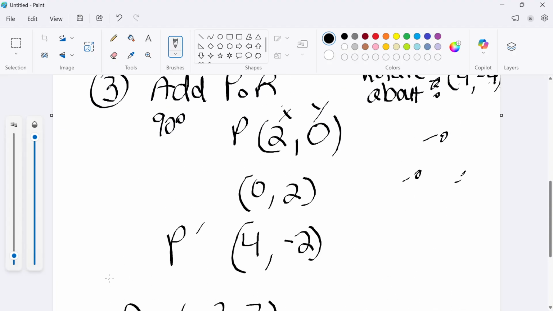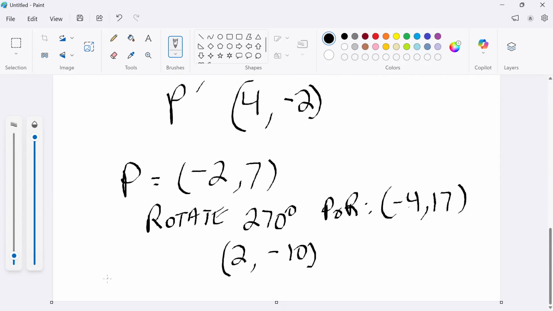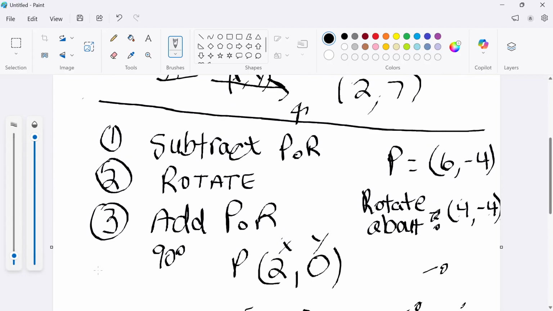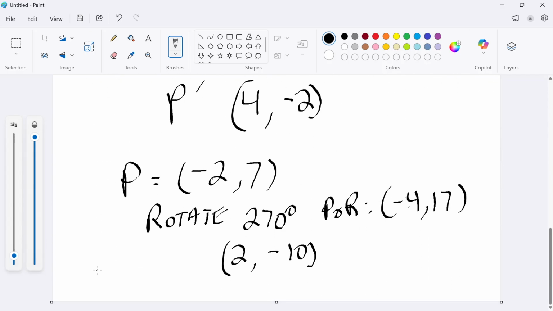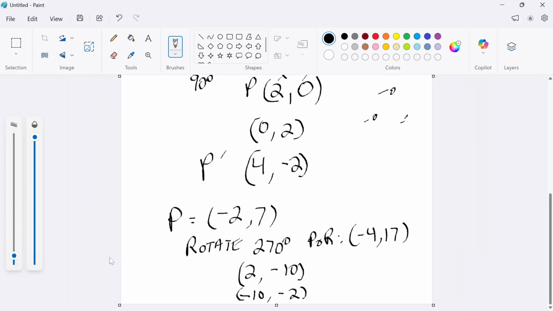Now I'll do my rotation, 270, and it didn't tell me a direction, so it's counterclockwise. For 270, (x, y) becomes (y, negative x). So y is negative 10, and negative x is negative 2. I change the sign of the x. And then the last thing I have to do is add the point of rotation back.